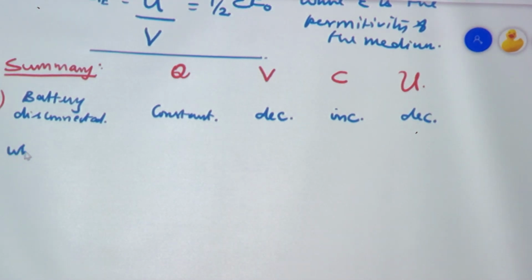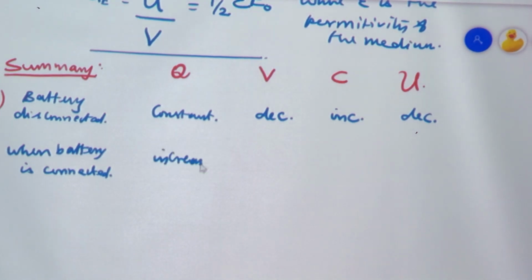Similarly, when the battery is connected, the charge Q increases. The potential is kept constant. Capacitance increases. Energy also increases.